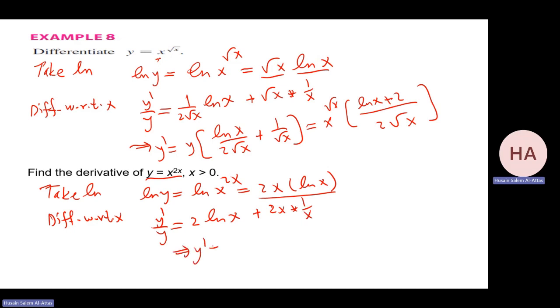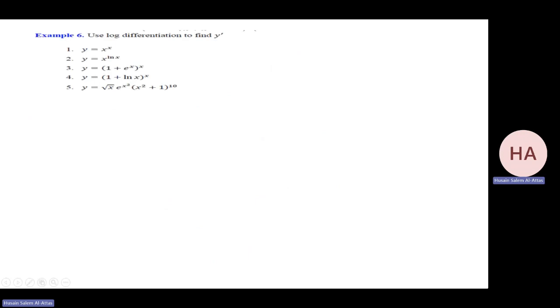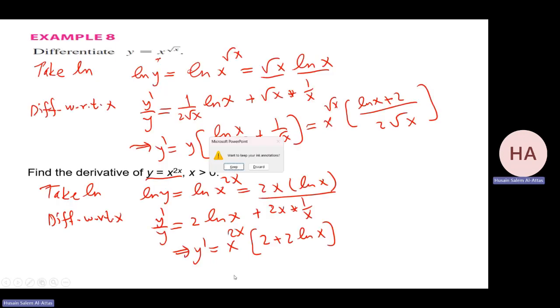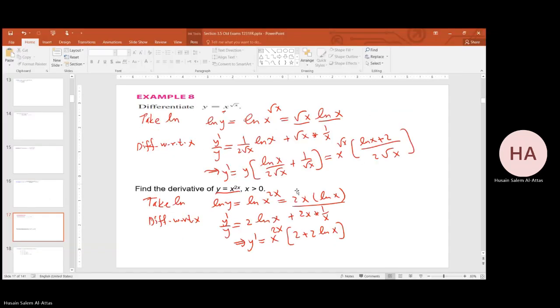That means y prime will be y, which is x to the power 2x, times what? 2 plus 2 ln x. Yeah. We have more problems with this, so let me stop here. Thank you.